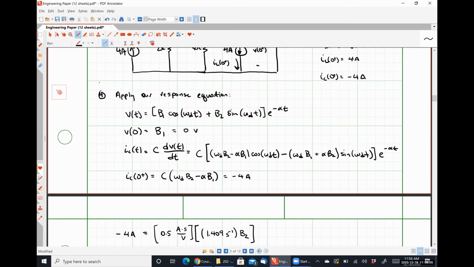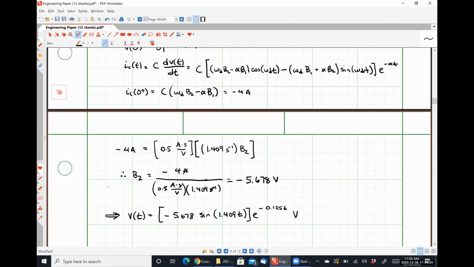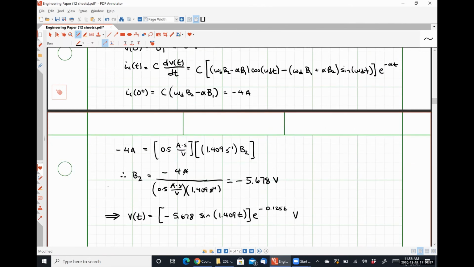You can do it the other way around using the integral relationship, but the math is way more complicated. Avoid it like the plague. We plugged in our values from our initial conditions, solved for our two coefficients, and then simply plug those coefficients directly into our response equation.